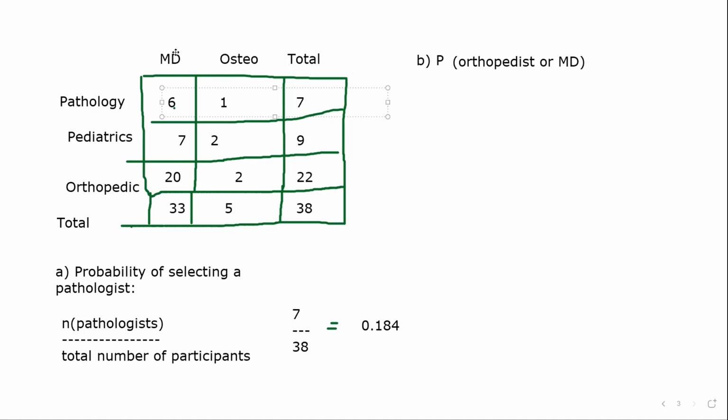So everybody here is going to be out of 38. We know that. Let me find my annotated part of this. Here it is, okay. So we have 22 out of 38.